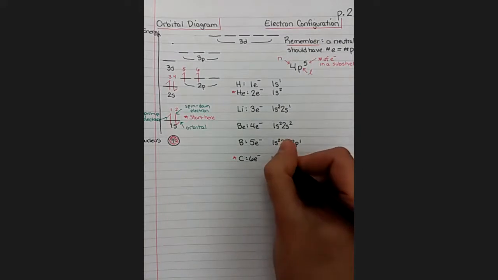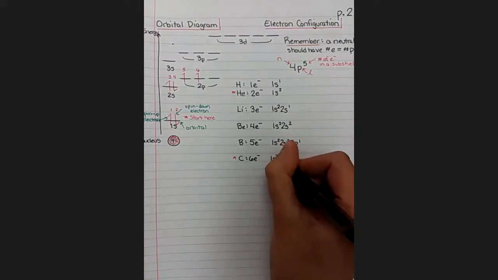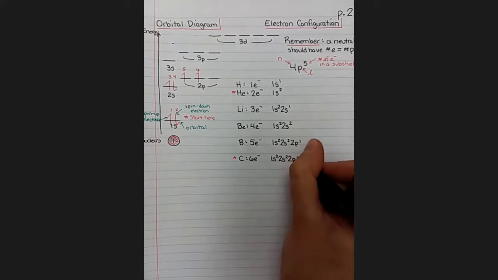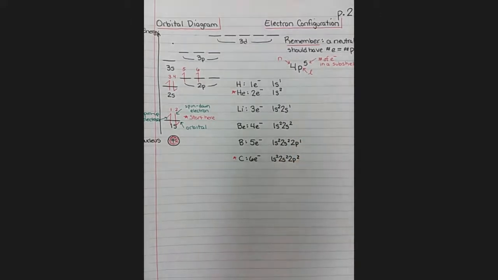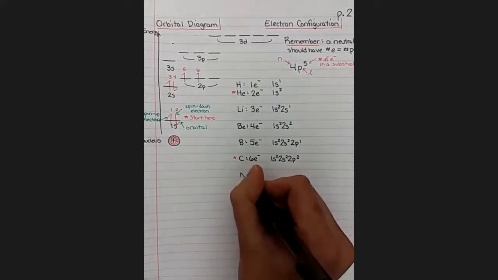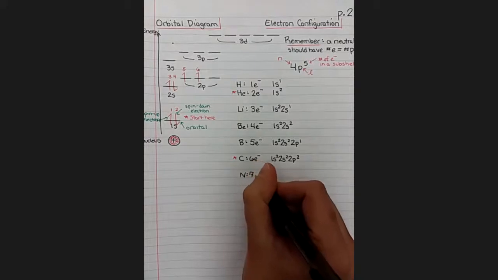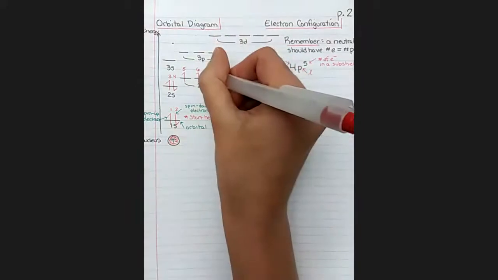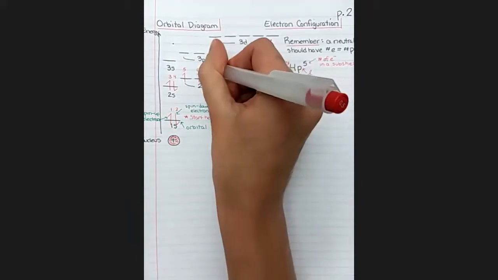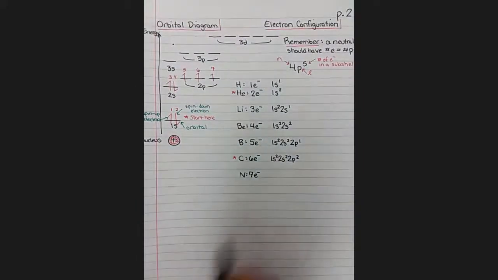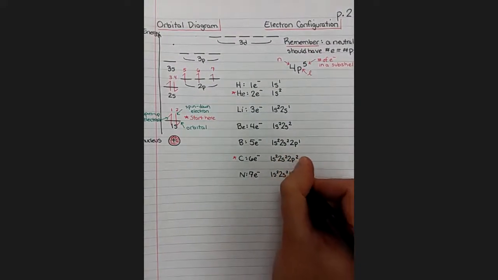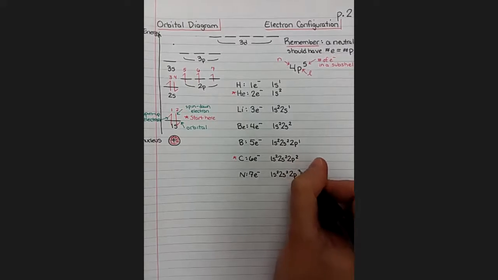And so now when I write my configuration, we'll have 1s2, 2s2, 2p2 for the 2 electrons there. You can imagine for the next one, which is going to be nitrogen, if we have 7 electrons, the same rule applies. We always choose to fill individually before we double up. We've got 1s2, 2s2, 2p3.